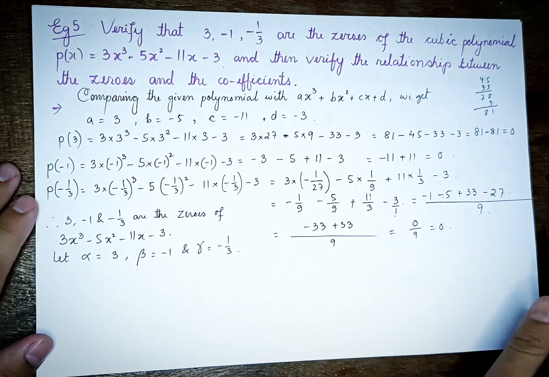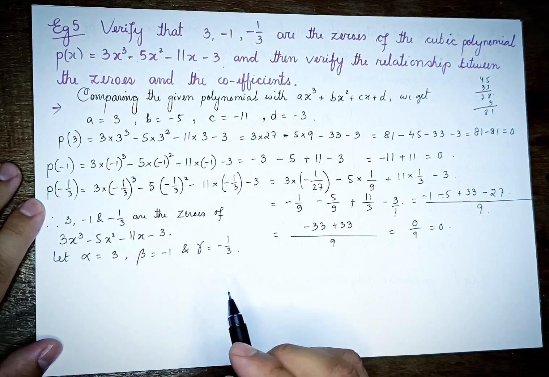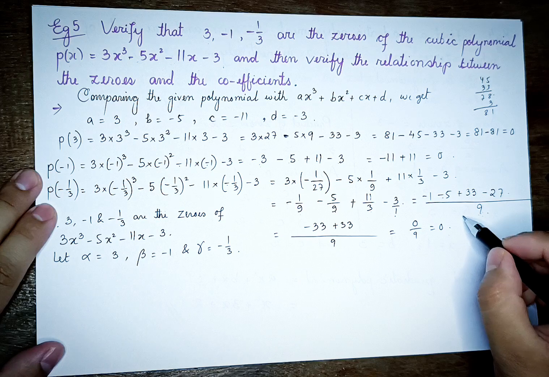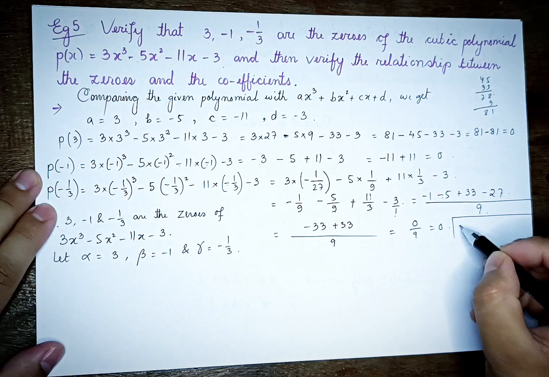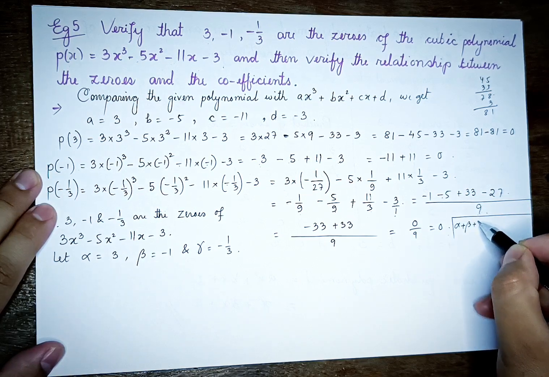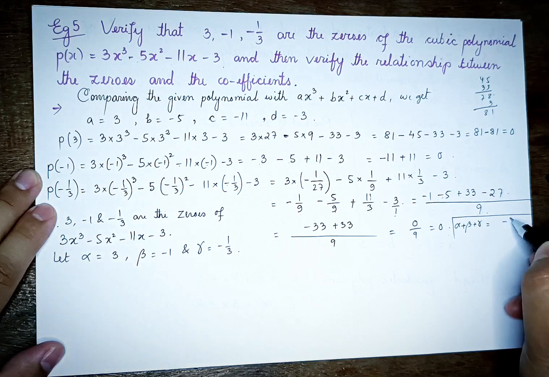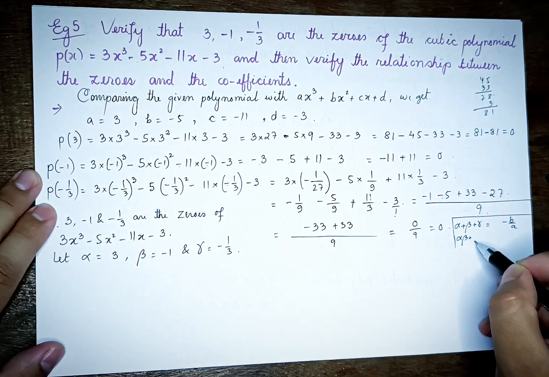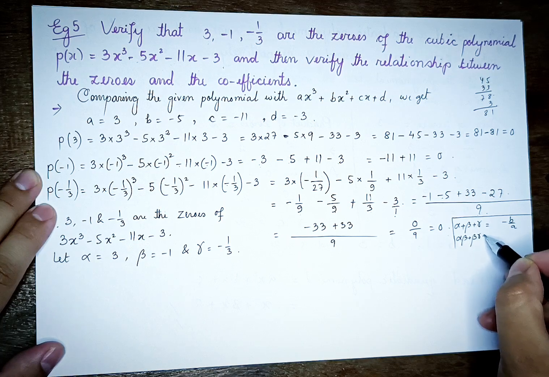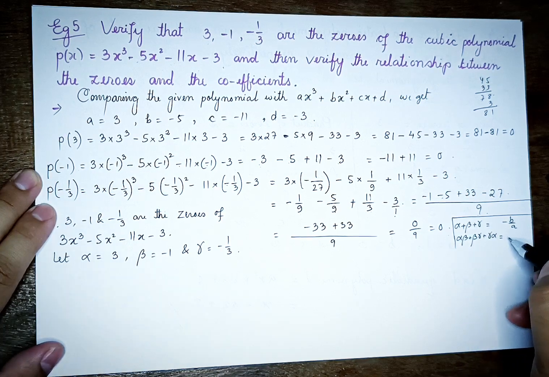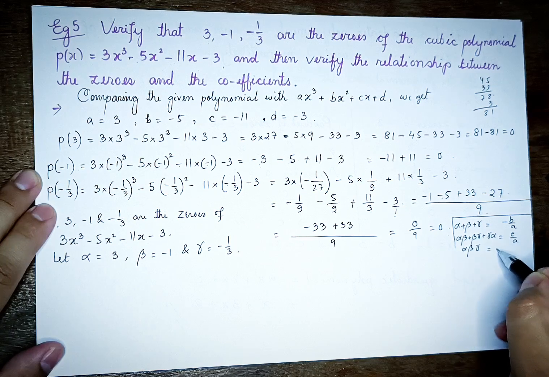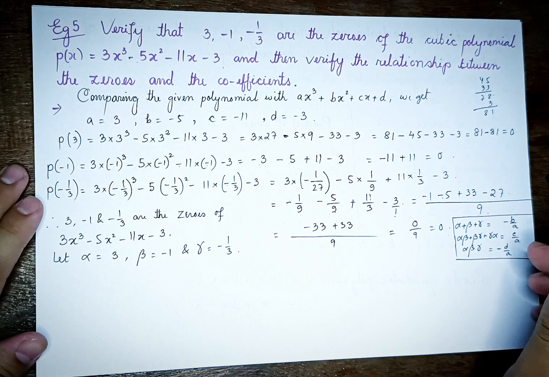We already know from the formula that alpha plus beta plus gamma is equal to minus b by a, and alpha beta plus beta gamma plus gamma alpha is equal to c by a, and alpha into beta into gamma is equal to minus d by a.